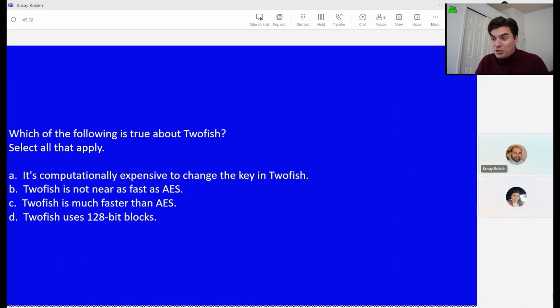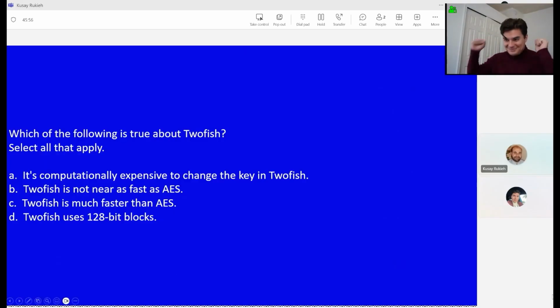Twofish uses 128-bit blocks. Is it much faster than AES or is it slower than AES? Since you have two options on here, it's computationally expensive to change the key in Twofish. That would mean it's much slower. So that means the answer has to be A, B, and D.